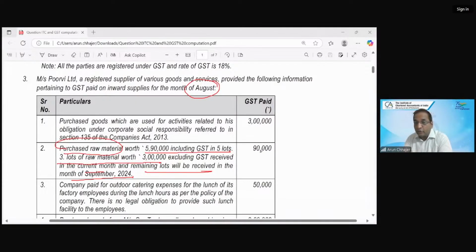Can he take ITC of the entire amount? Would he be able to take ITC of the 3 lots or no ITC in the month of August? क्या उसे पूरा ITC मिल जाएगा? To the extent of the lot received he can claim, या no ITC can be claimed in this case?